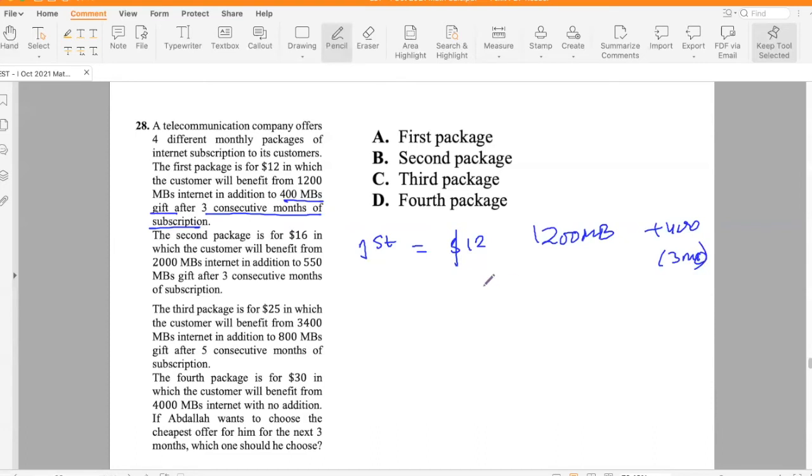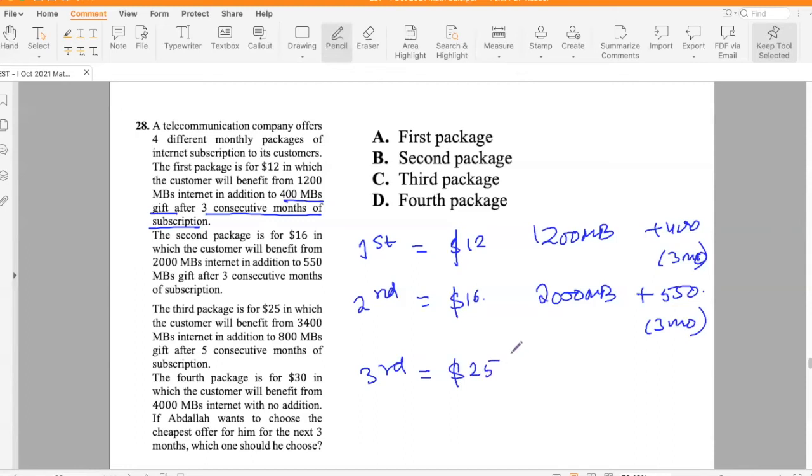Okay. The second package is for $16, in which the customer will benefit from 2000 MB in addition to 550 MB after 3 consecutive months. Okay. The third package is for $25, in which the customer will benefit from 3400 MBs, in addition to 800 MBs after 5 consecutive months.